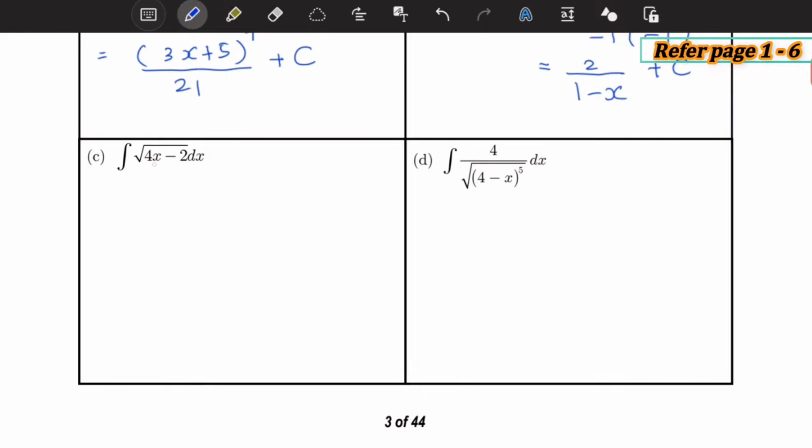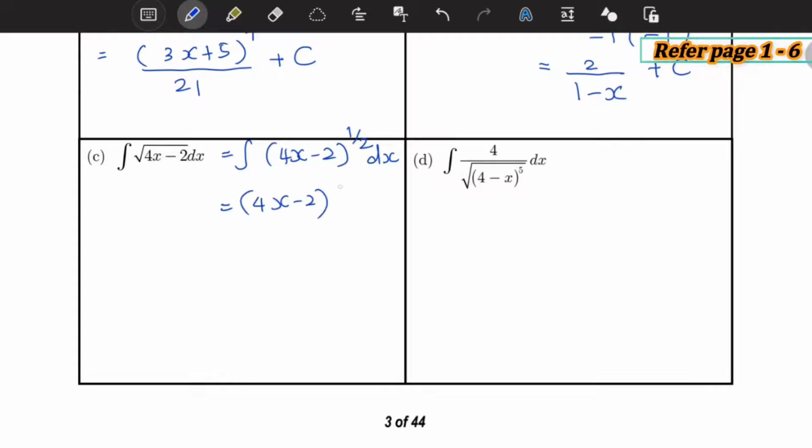Okay, next part C. Integrate square root of 4x minus 2. Or this root function can be written as (4x minus 2) power of half dx. Don't forget with respect to x. Okay, so we have 4x minus 2.